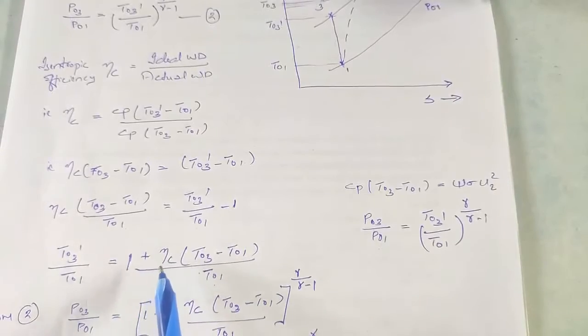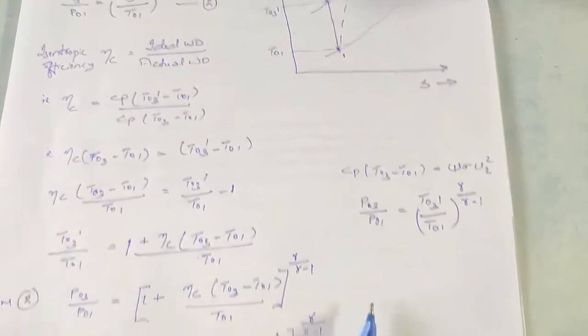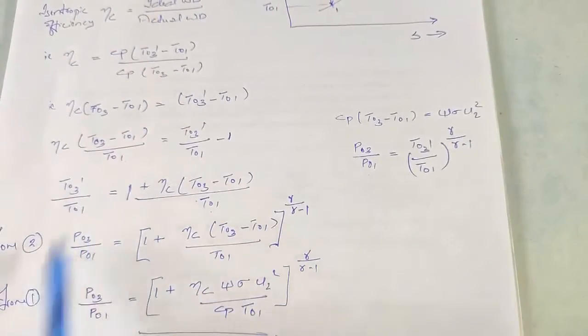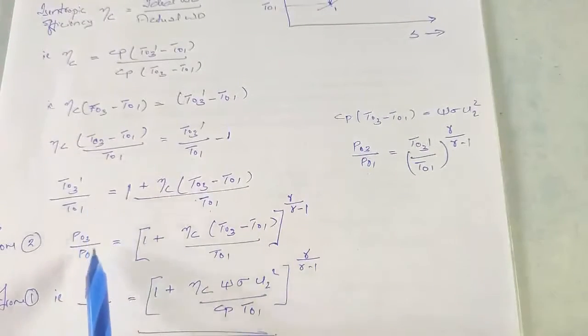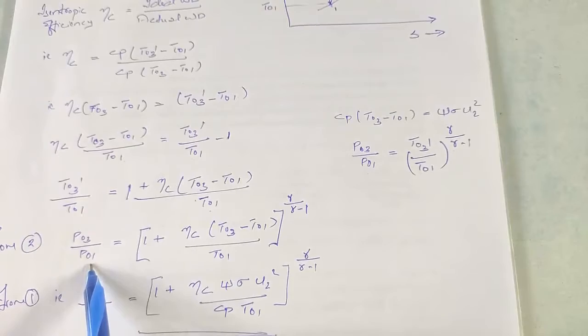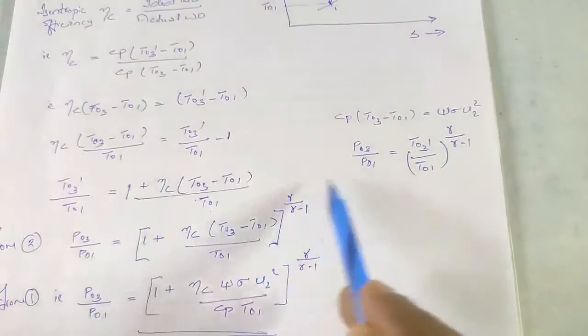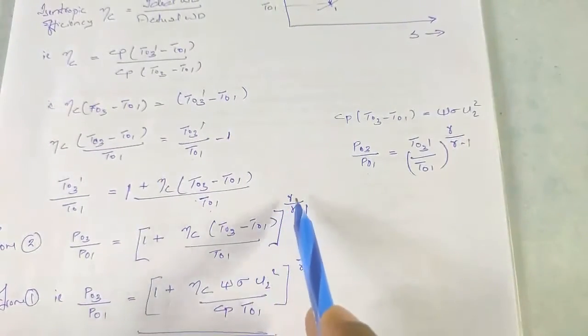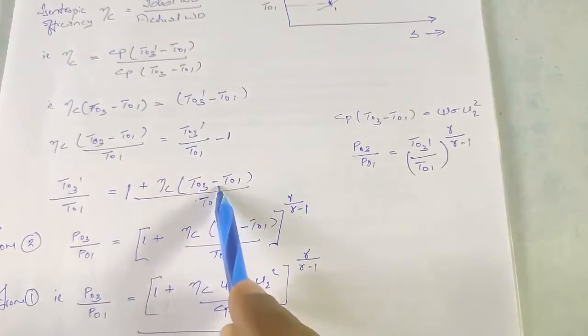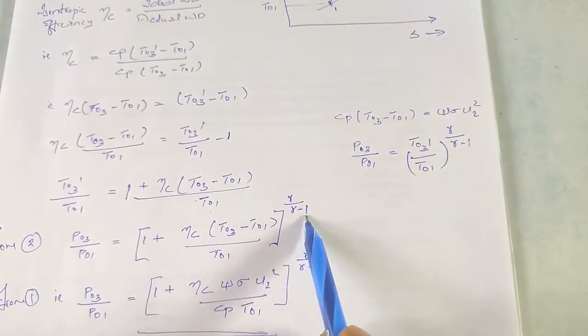So substituting here, P03 by P01 will be this term all raised to gamma by gamma minus 1.